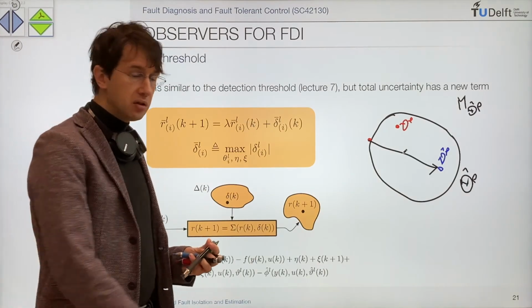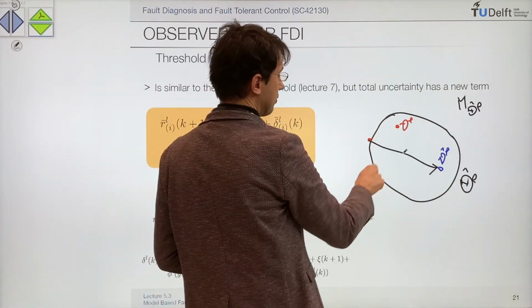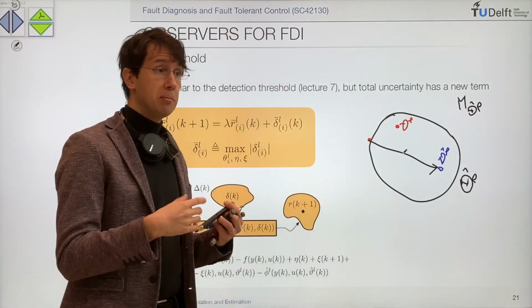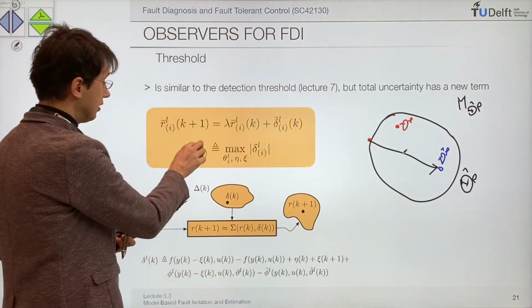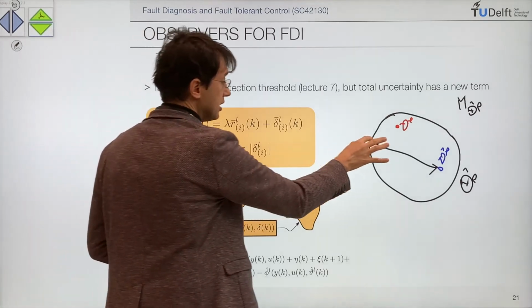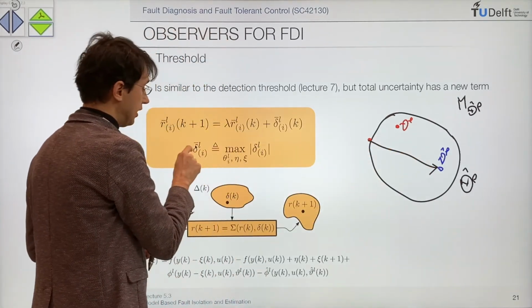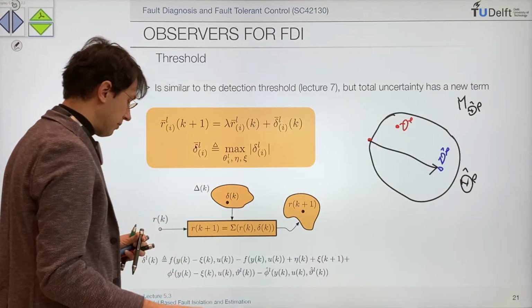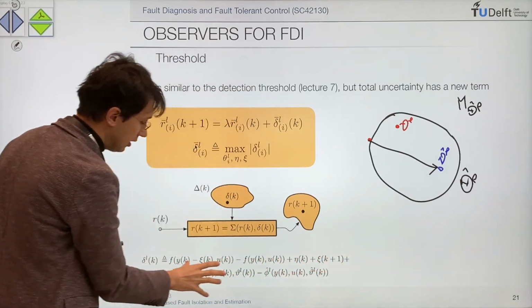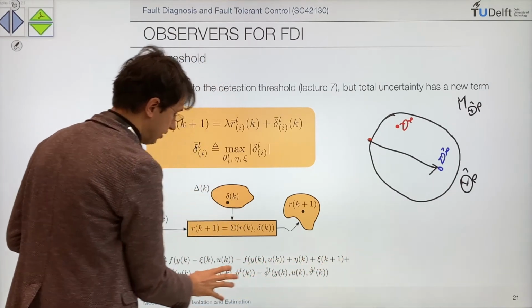So still, we don't know what is the value of the true theta L. We just know that in the case theta L is this one, it is causing the biggest possible effect to the total uncertainty delta. So we use this to compute the maximum value of delta. And the maximum value is computed from this expression that we already had before.